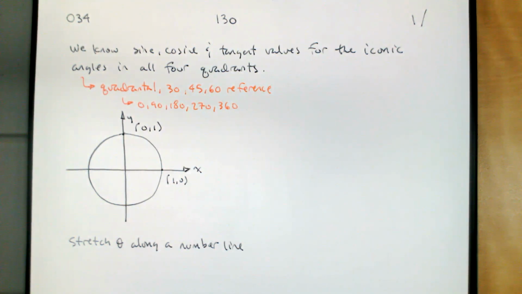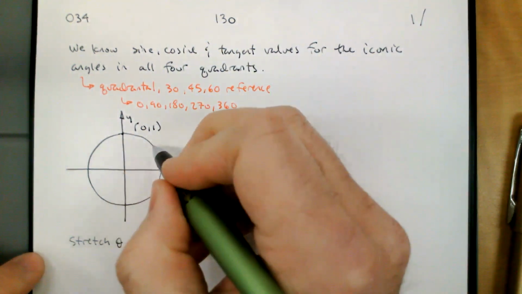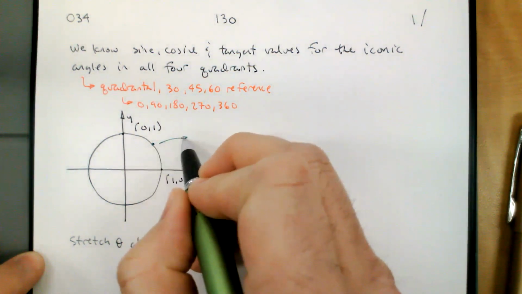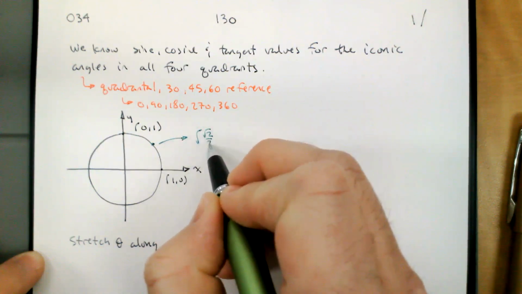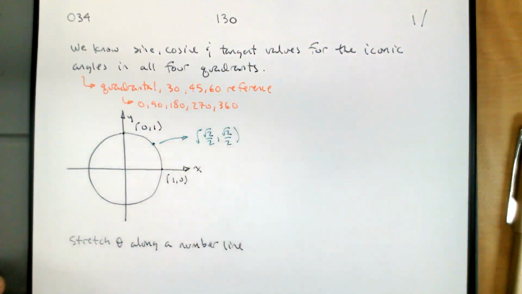We're going to stretch theta along a number line, and we're going to see what kind of graph we get. So here at this 45-degree angle, we know that our values are going to be √2/2 and also another √2/2. That's where they match. And that is approximately 0.7071.